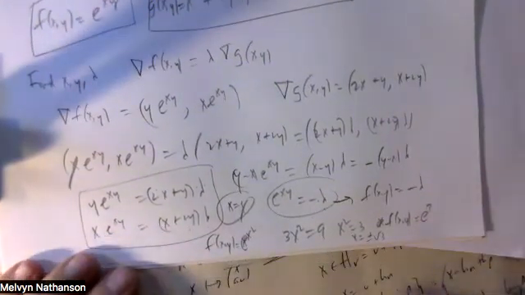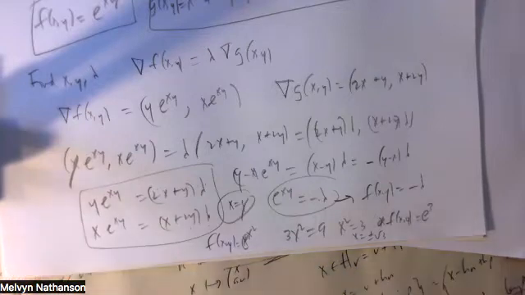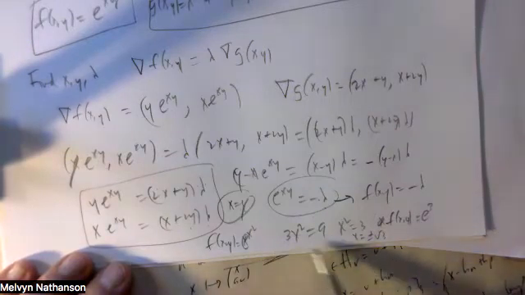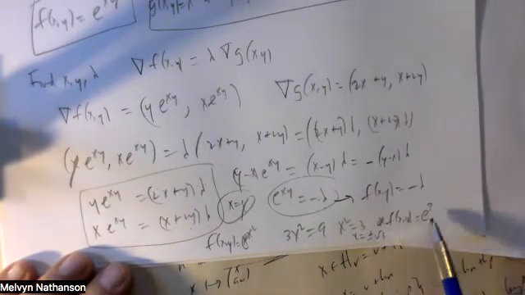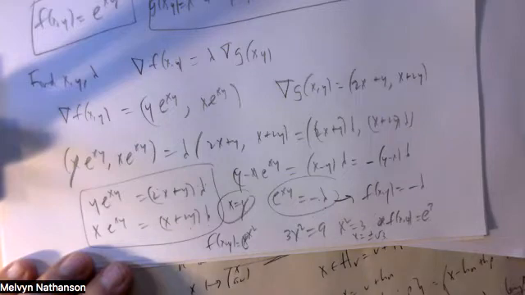So if x equals y, the function takes the value e cubed when x is plus or minus the square root of 3. What about this lambda?